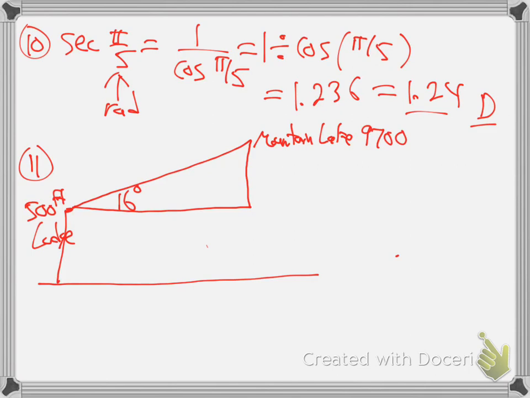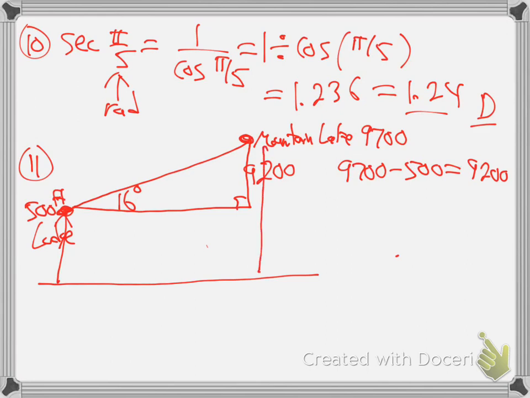So basically, if we take the 9,700 minus the 500, we'll get 9,200. That must be how much this side is. 9,200. Why? Because it goes from a height of 500, right? This is up at a height of 500. This is up at a height of 9,700. Subtract them. 9,200 is the side of that triangle.